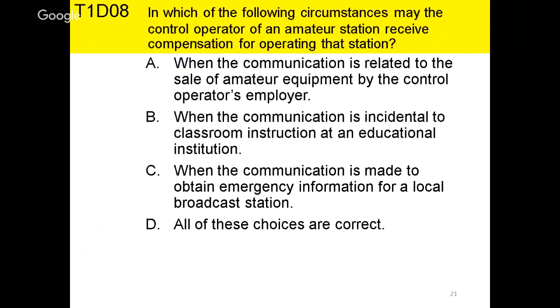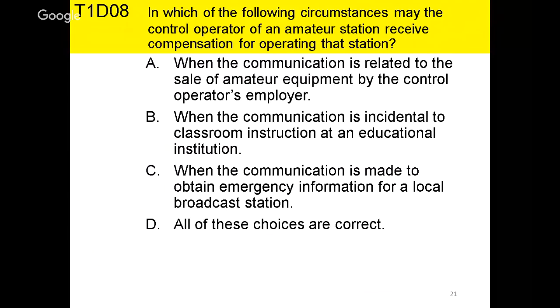So in which of the following circumstances may the control operator of an amateur station receive compensation for operating that station? This again is that really touchy area. Legally, you're not allowed to accept any compensation whatsoever. You go out and work one of these events, say the MS Walk, no one is legally allowed to accept any monetary compensation for their time, their service and the use of their equipment.